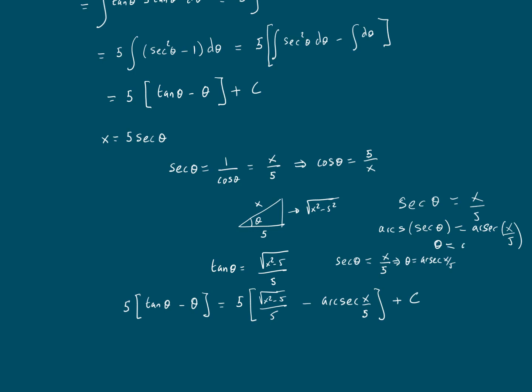So theta is arcsecant of x divided by 5. As a final result, 5 tangent of theta minus theta would be 5 times the square root of x squared minus 5 squared, divided by 5, minus arcsecant of x divided by 5, plus c.